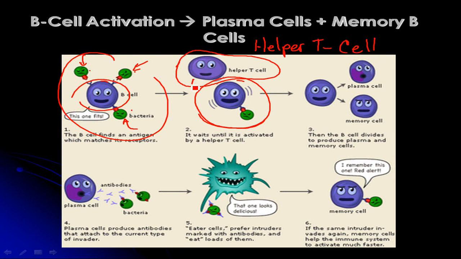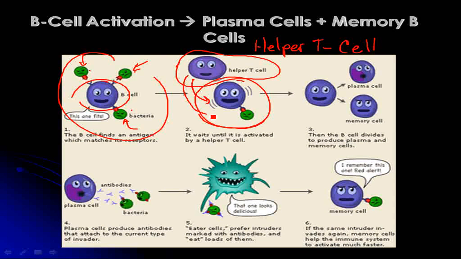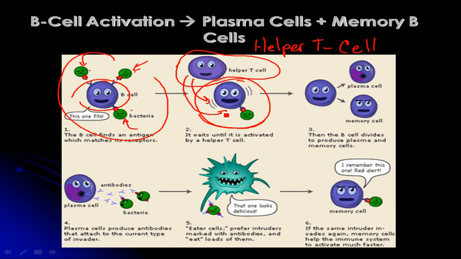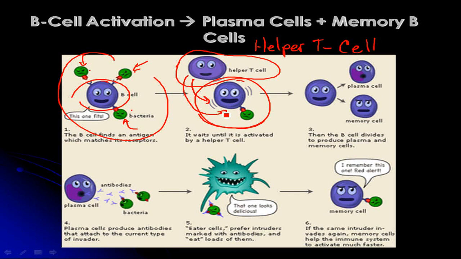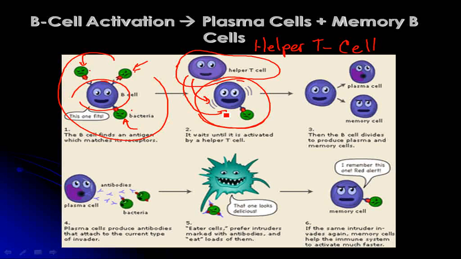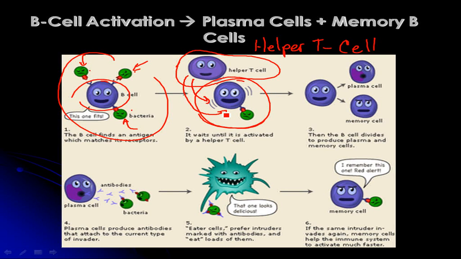And then it has to send signals to this B cell telling it, yeah, go ahead and convert into plasma cells and start producing antibodies. So what that means is you've really got to have two different types of cells that have been activated by a particular antigen in order for antibodies to actually be produced.